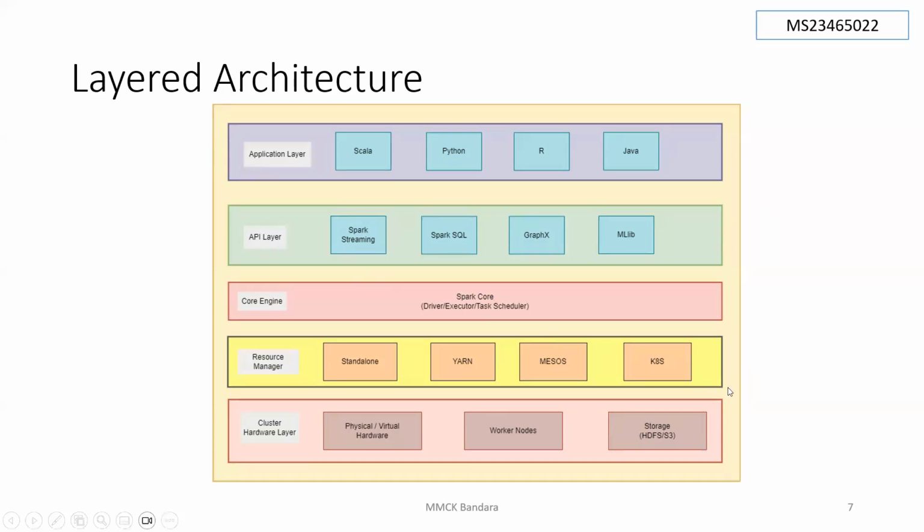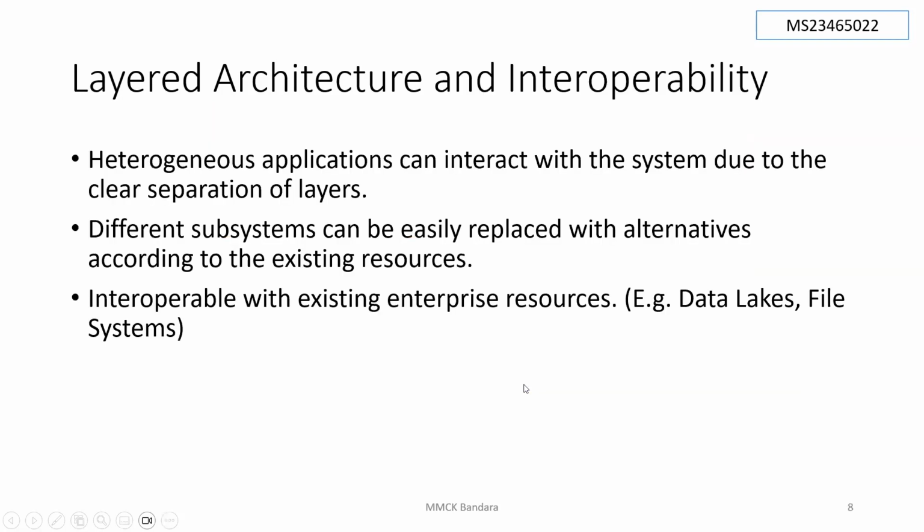And at the resource manager level, with other features like libraries and connectors that incorporate with Apache Spark, we can use external file systems and resources as well. So that is how the layered architecture and interoperability work together.